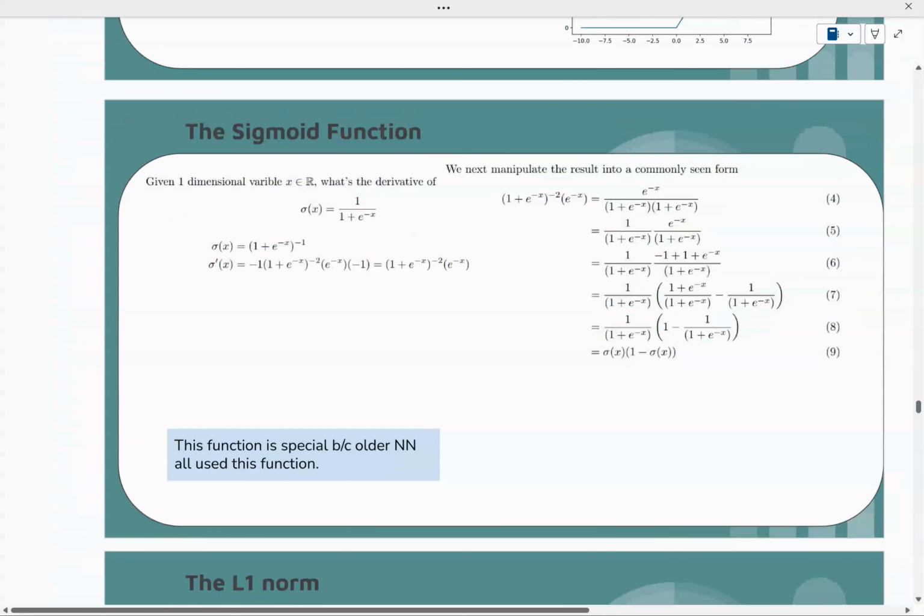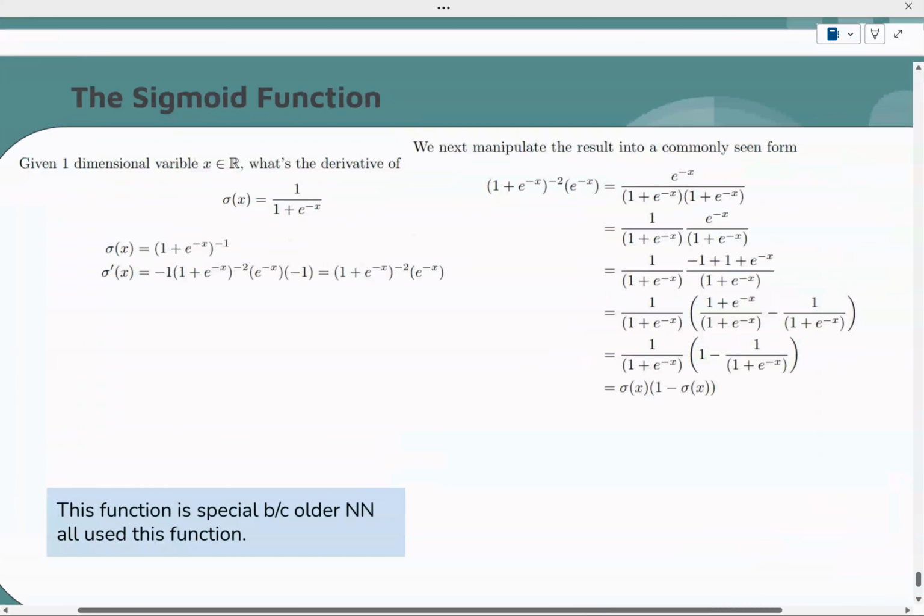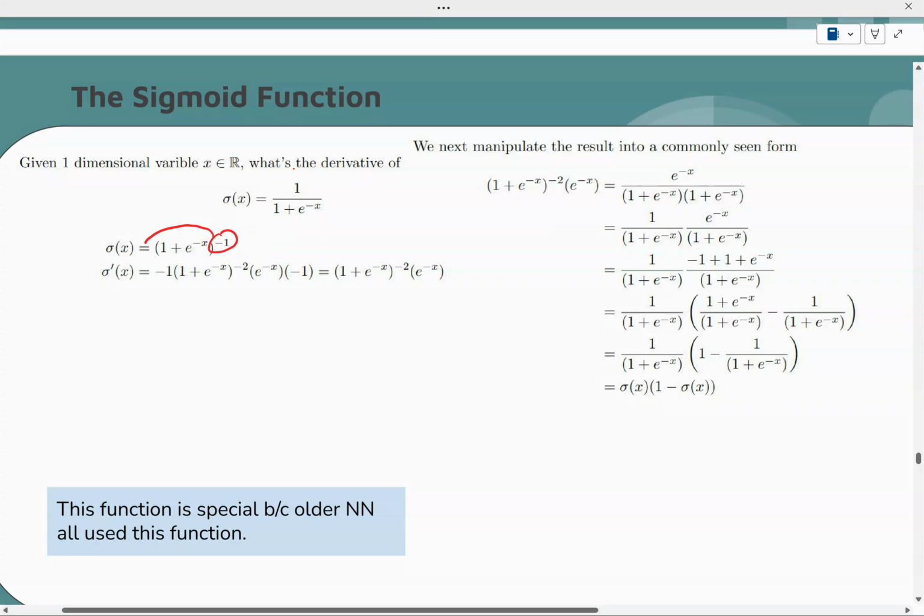The next one is a sigmoid function. Sigmoid is pretty easy. A sigmoid function looks like this, and this is equal to 1 plus e to the minus x, to the negative 1, right? The negative 1 is the inverse. So we simply put the negative 1 down and subtract 1. So now negative 1, negative 2.